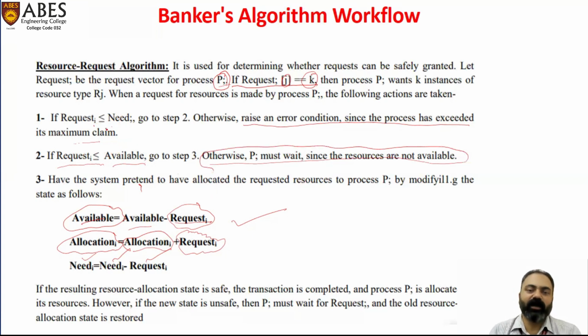If request is less than or equal to need and also less than or equal to available, then we allocate the resource and make these changes in the system. We will update available, we will update allocation of the particular process, and we will update need of the particular process.